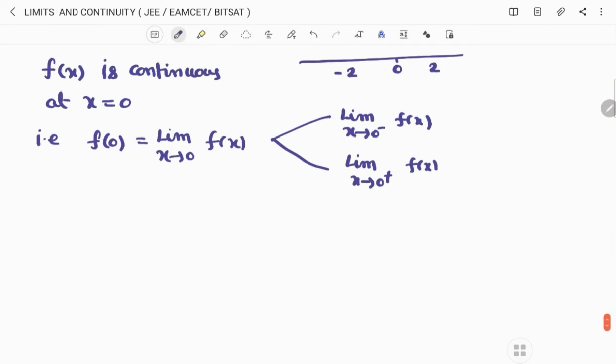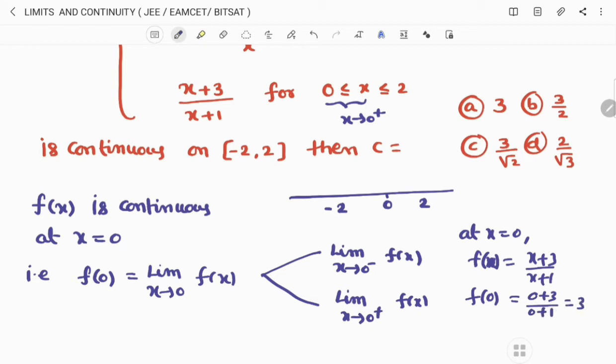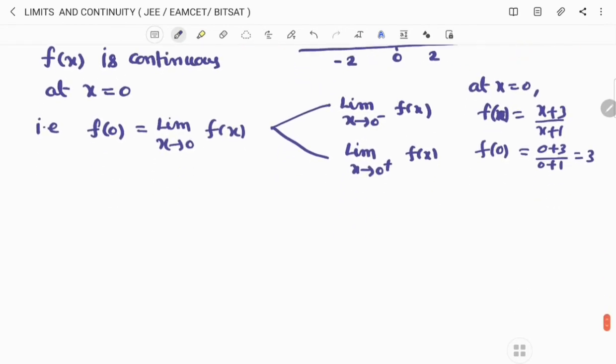At x = 0, if you substitute, f(0) = (0 + 3)/(0 + 1), that is equal to 3. So the value of f(0) is 3.